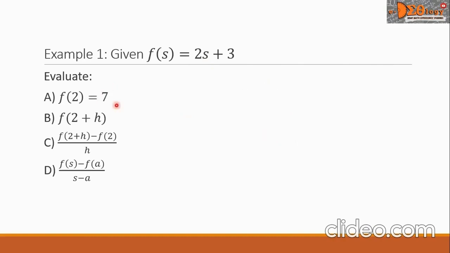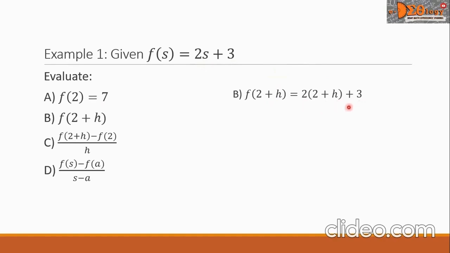Then we will proceed with letter B, the f of 2 plus h. The same idea. I am going to copy the same function, but for the s, I am going to substitute the value 2 plus h. So we have now 2 times the quantity 2 plus h, then plus 3.